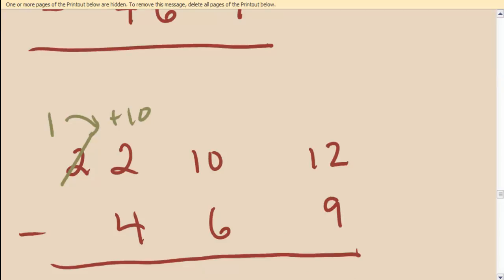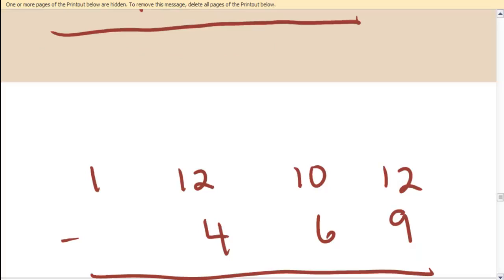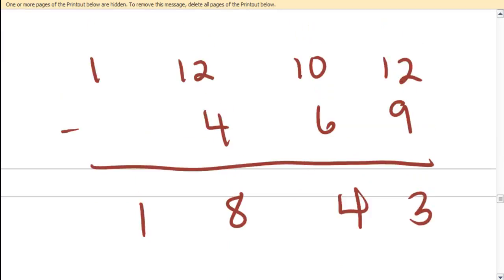So that 2 is not going to be big enough to take the 4 from, and so we're going to have to take 1 away from the thousandths place and add 10 to the hundredths place. So we ultimately end up with 1, 12, 10, 12 minus 469. And your answer is 1,843.